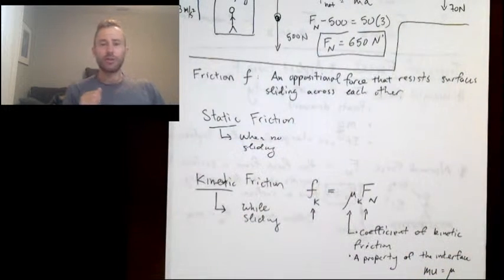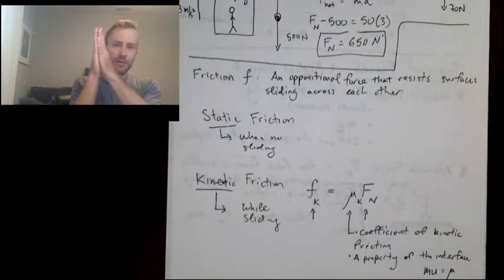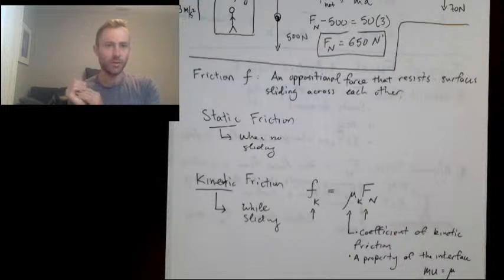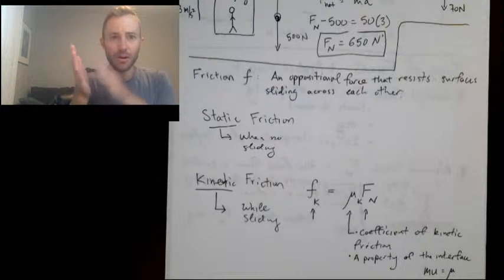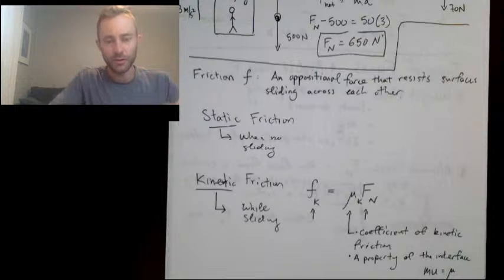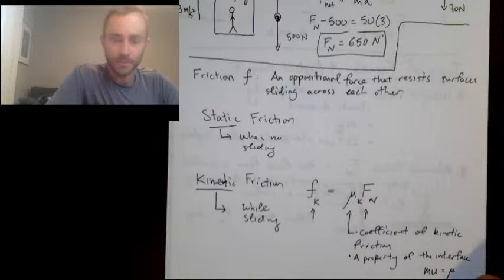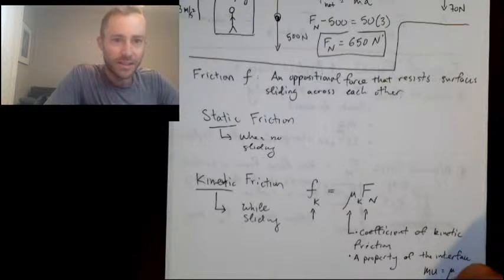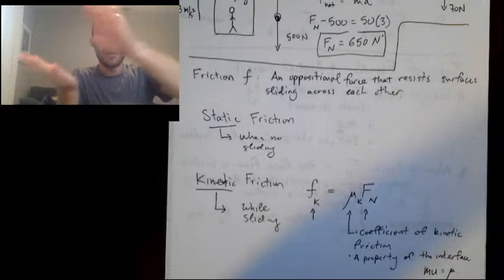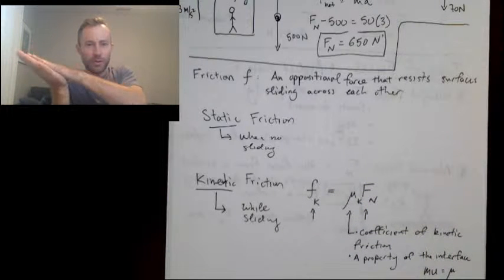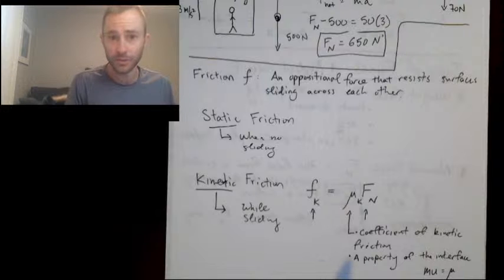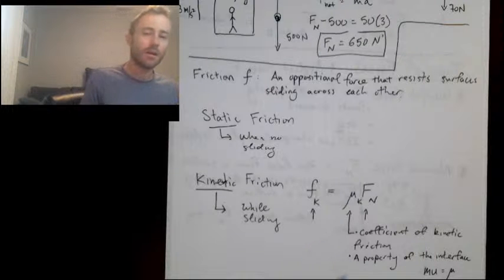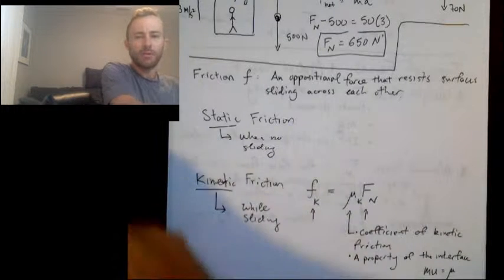Okay, so there's a certain coefficient of friction for skin on skin, for example. There's a certain coefficient of friction for tire on road. There's a certain coefficient of friction for metal on ice. So depending on the interface, what two surfaces are coming into contact, you have a different coefficient of friction. Okay. So it's a property of the interface.